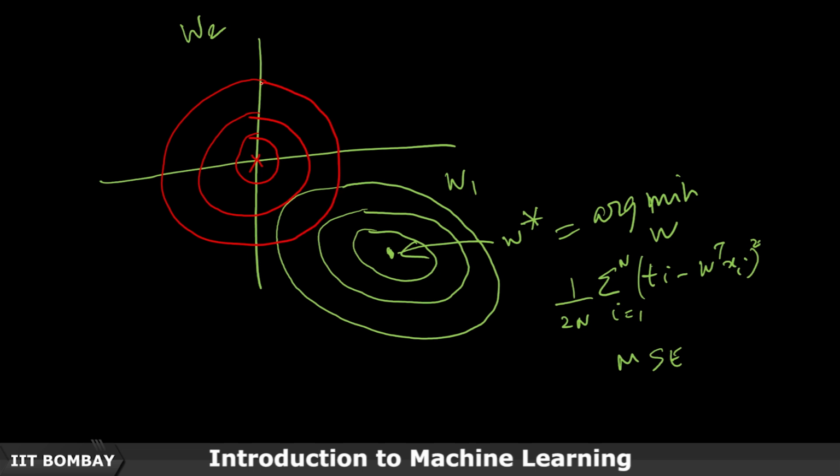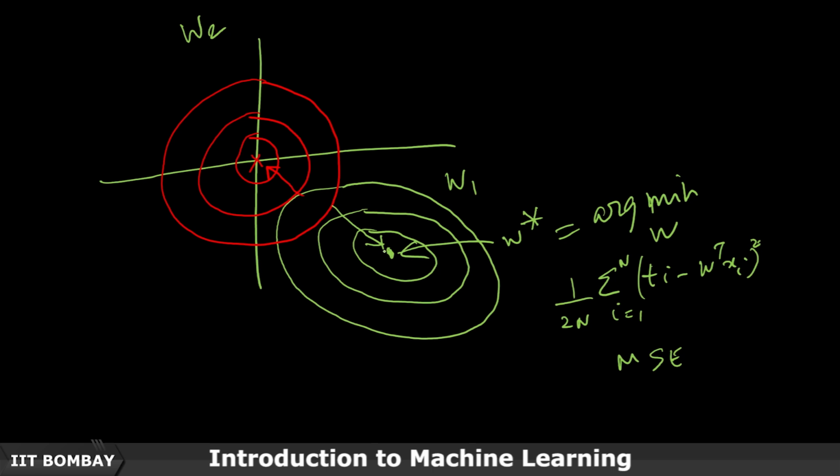Now one term of the loss is pulling w in this direction, the other term is pulling w in this direction. So we have two opposing forces, and where do they balance each other? They balance based on the value of lambda.